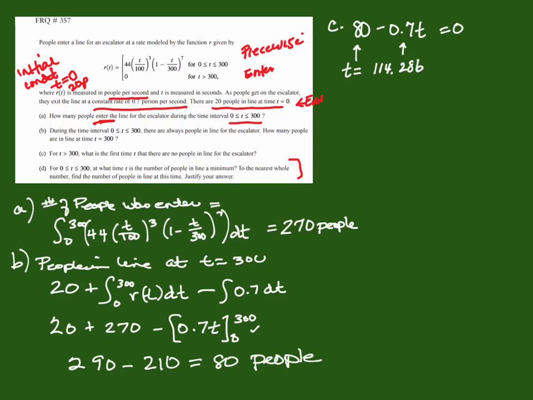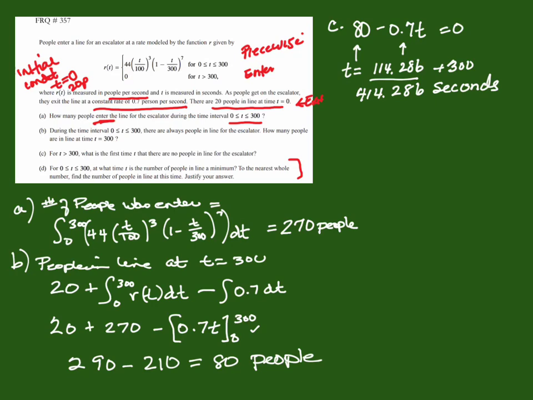Now that's after 300 seconds, so you have to add that to 300, and you get a total of 414.286 seconds. That's when there were no more people in line for the escalator.